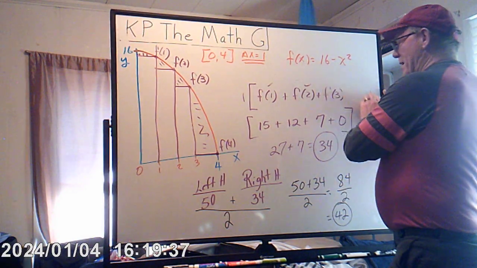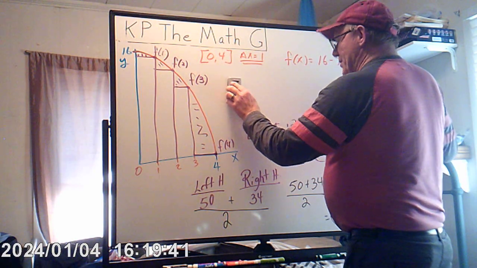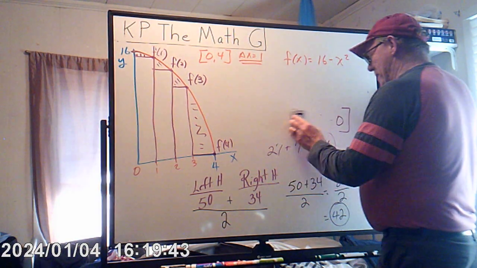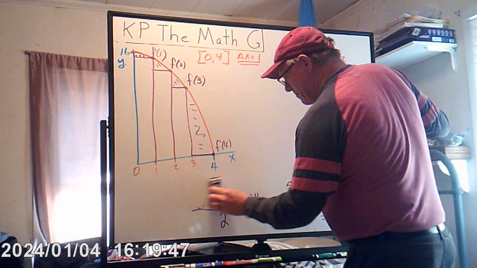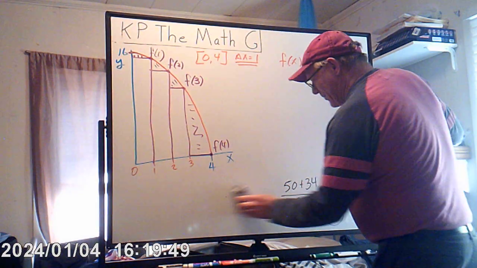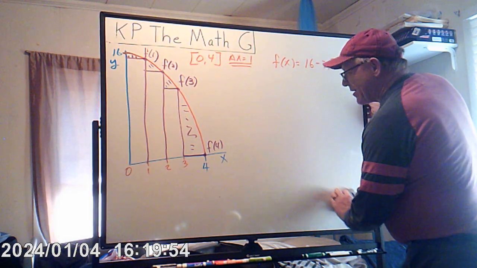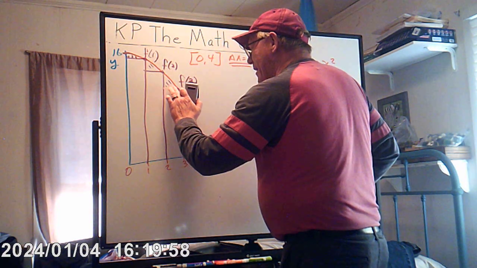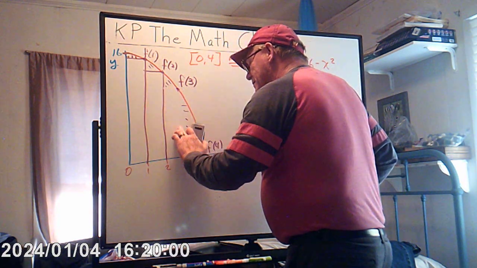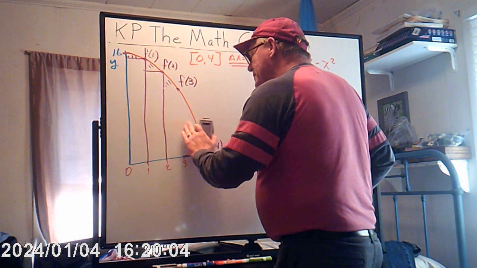Here's the original problem. So now part 2 has to do with the midpoint. And there's a benefit for the midpoint that's different than doing just either the left side or the right side rule. So let's erase our rectangles.